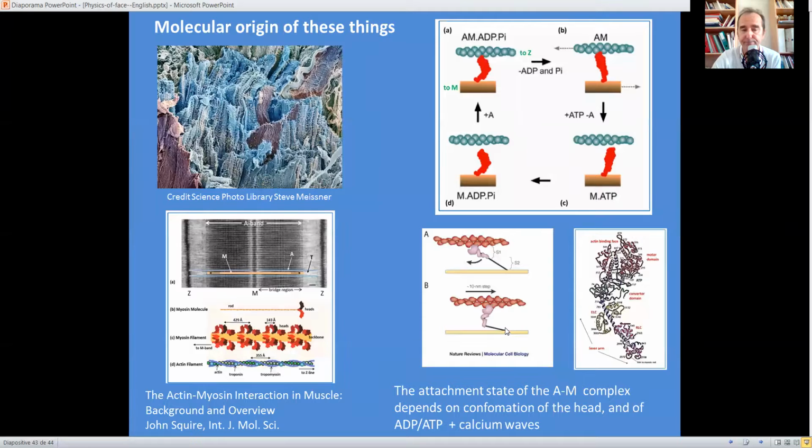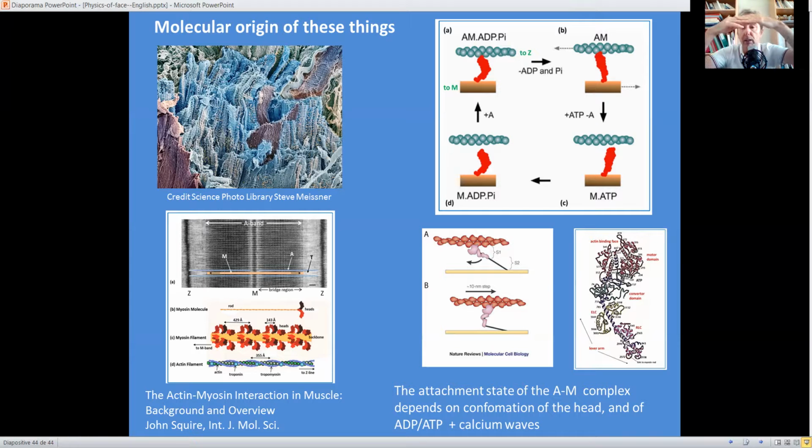All right. Now, of course, you feel like asking, what exactly is this force? The molecular origin of this force lies in actin-myosin filaments. So you have filaments inside the cells, and these filaments, which is a difference with plants, have the property that they can pull on each other.